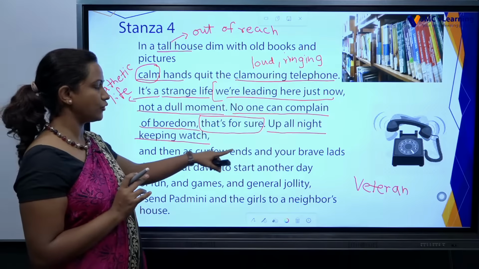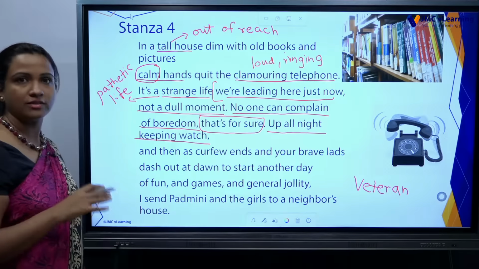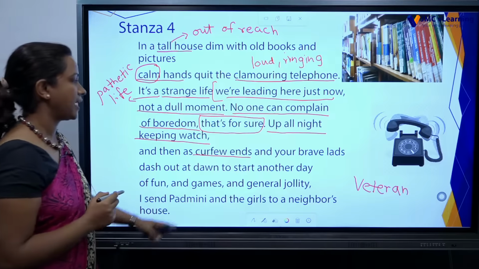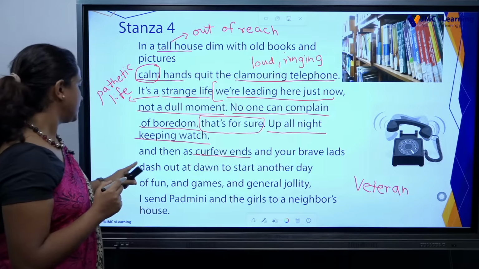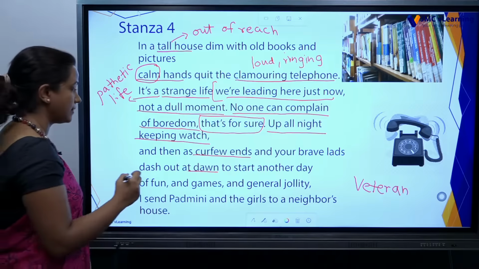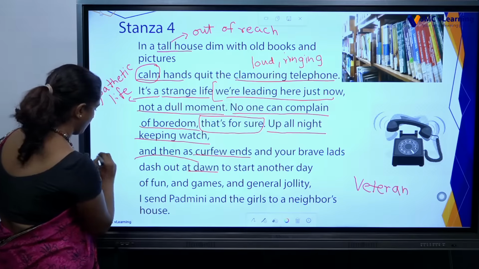And then as curfew ends, now because of the racism, you have a curfew. So when the curfew ends and your brave lads dash out at dawn. Dawn means in the morning.